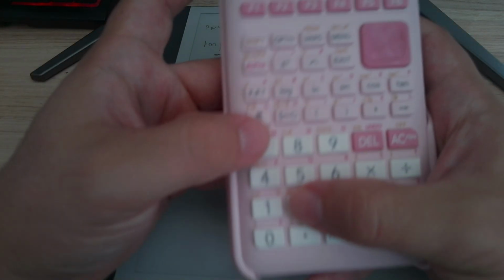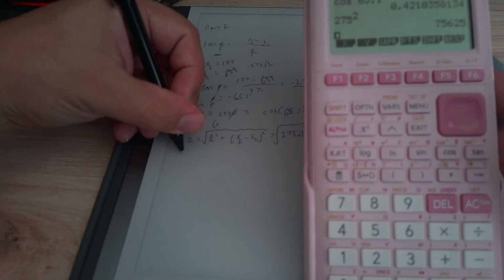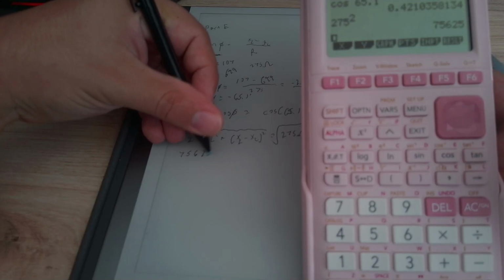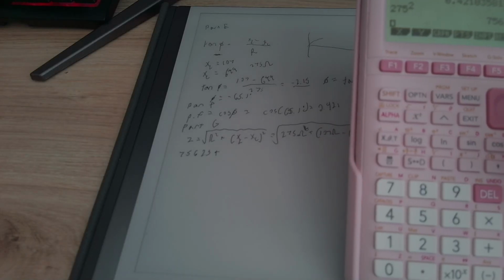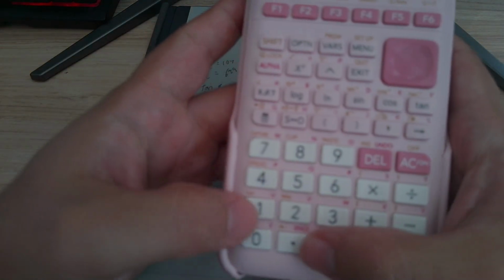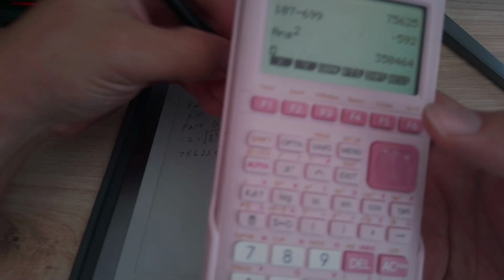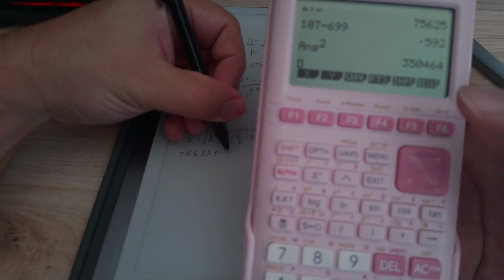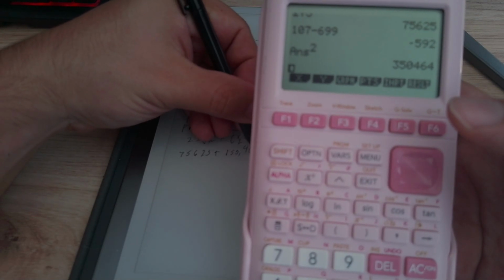First we'll do 275 squared, which is 75,625, plus 107 minus 699, squared, and we'll get 350,464.